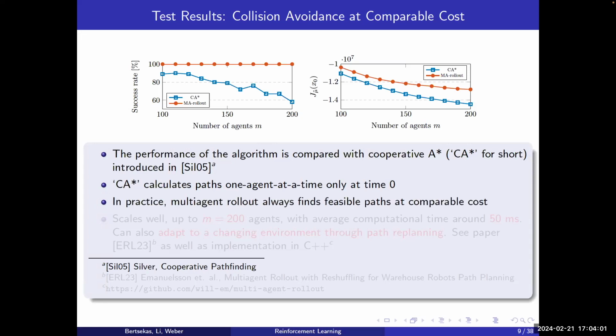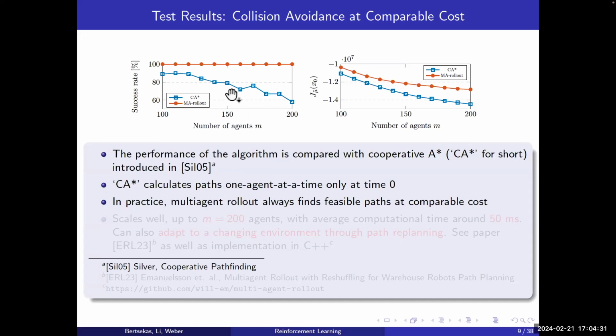And in practice, we find multi-agent rollout always finds feasible paths. By which I mean we vary the number of agents present in the environment and perform multi-agent rollout. And if there is no feasible path found or some criteria are not fulfilled, we reshuffle the order in which the agents optimize their control.